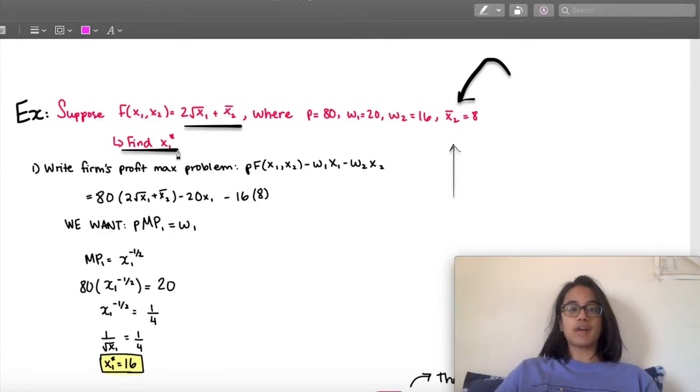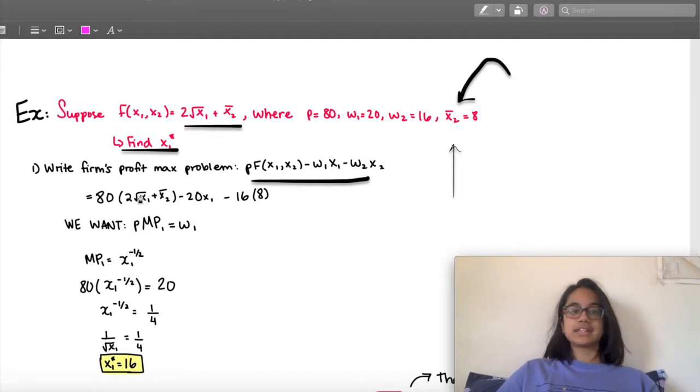You have to write the firm's profit maximization problem, and when you write it that way, you can see what our optimal value for good one is. Whenever they say, write the firm's profit maximization problem, you have this little formula here.